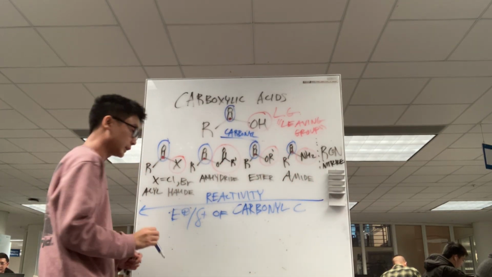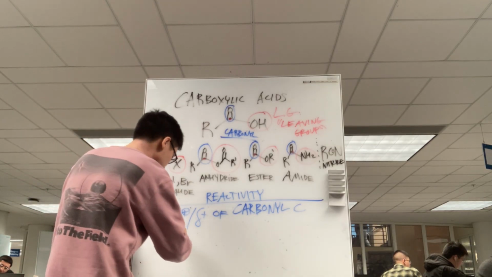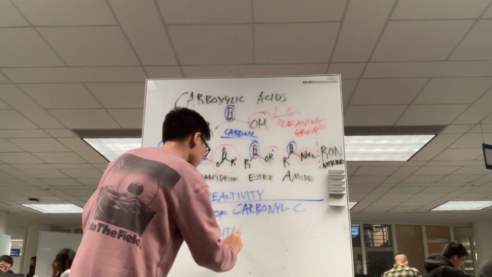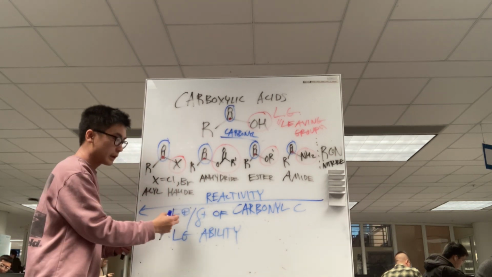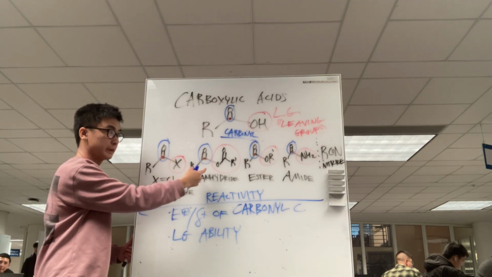The other factor, which is not as important, is the leaving group ability. So let's focus on the first factor first, the electrophilicity or positive charge of the carbonyl carbon.